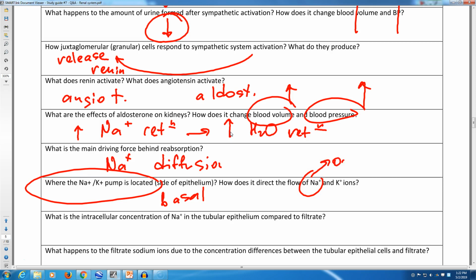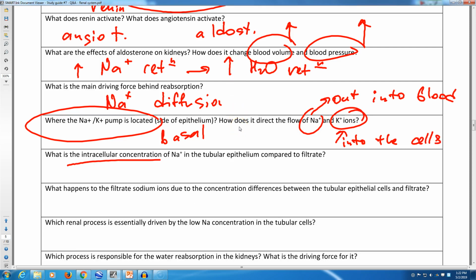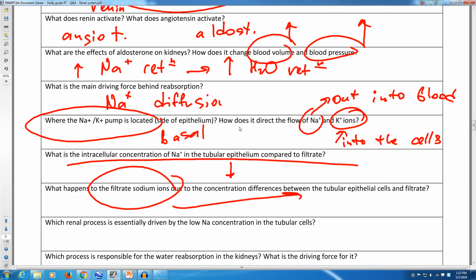Sodium goes out into blood. Potassium ions go into the cells, tubular cells. Intracellular concentration of sodium compared to the filtrate is low. Sodium ions, due to that concentration difference, diffuse into the cell.